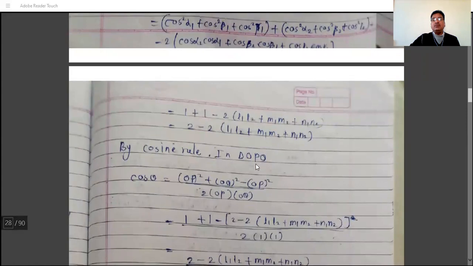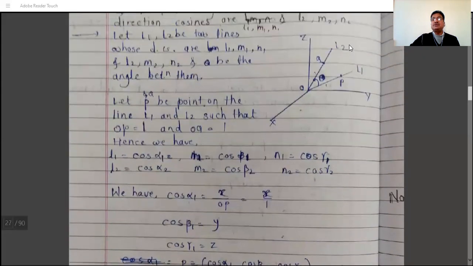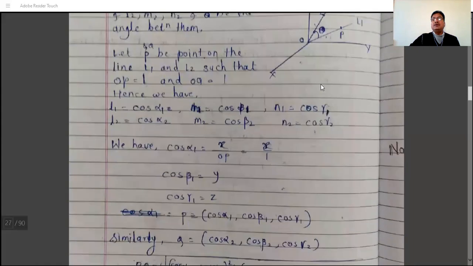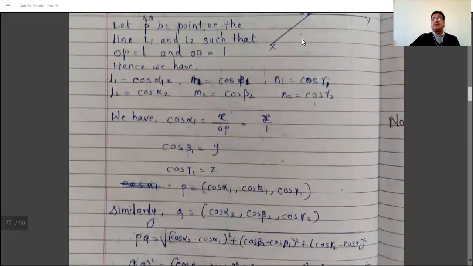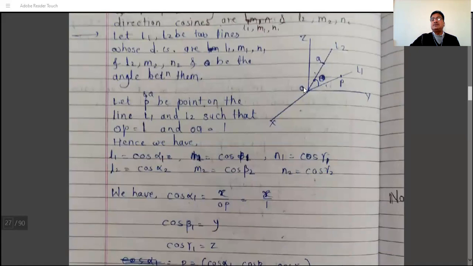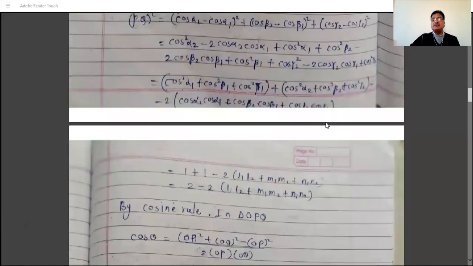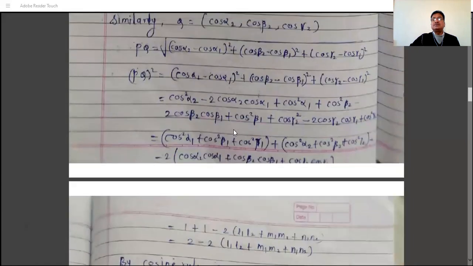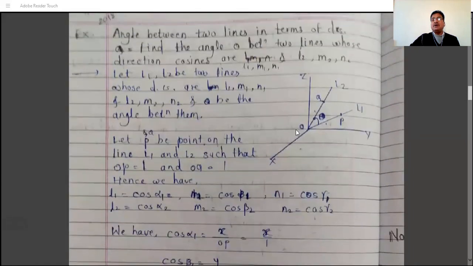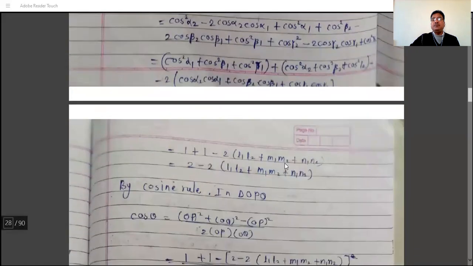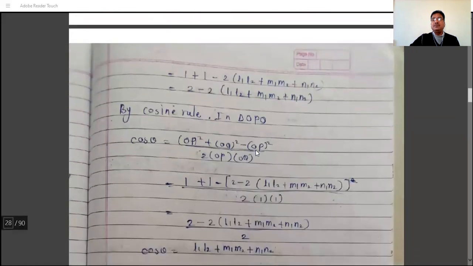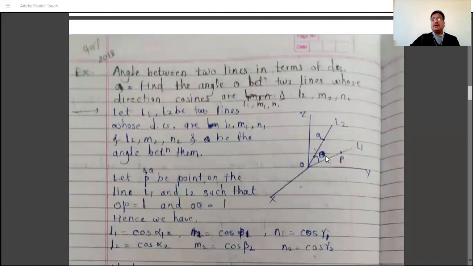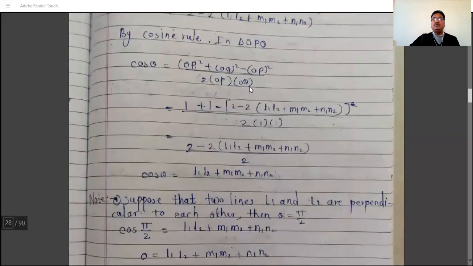By the cosine rule in triangle OPQ, I apply the cosine rule for this triangle OPQ. Cos theta, that is the angle between these two lines, is OP square plus OQ square minus QP square, right here, QP, divided by 2 times OP into OQ.